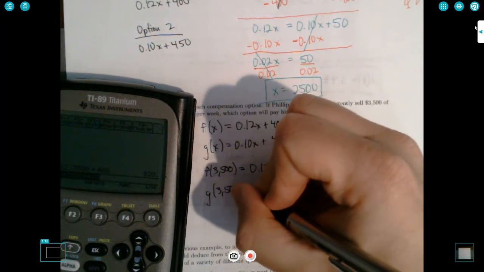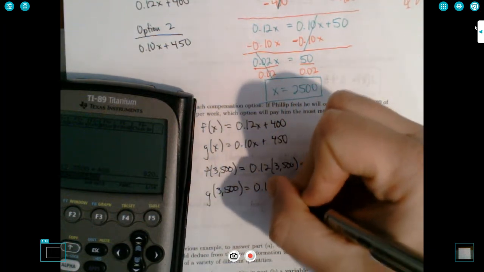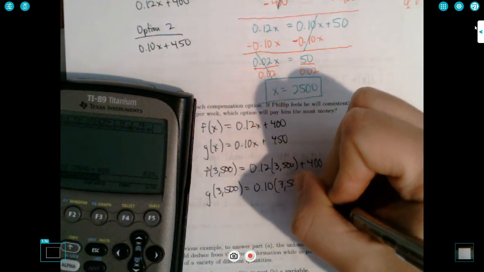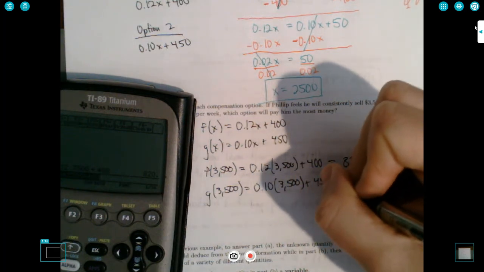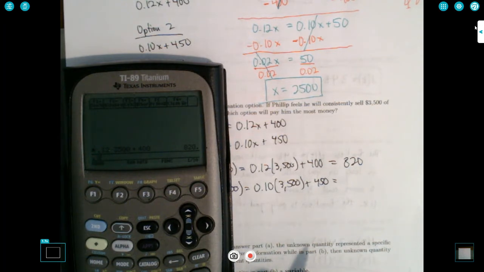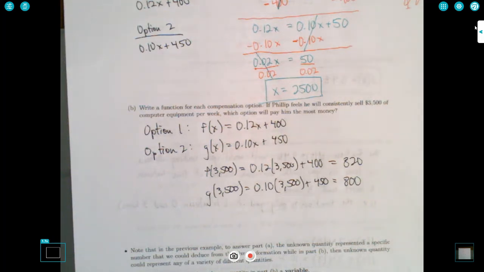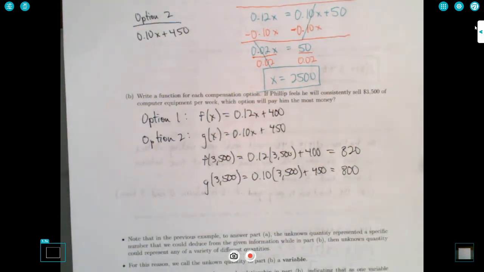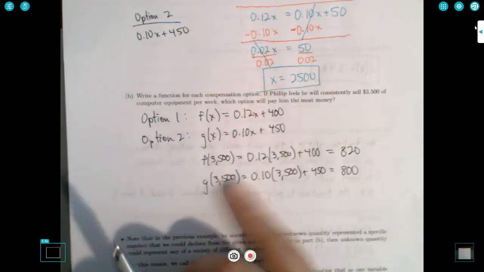G, so option 2 of 3,500, 0.10 times 3,500 plus 450. That's $800. Okay, so in option 1, he's going to make $820. For option 2, he's only going to make $800. So which option pays him the most money? It's option 1, right?